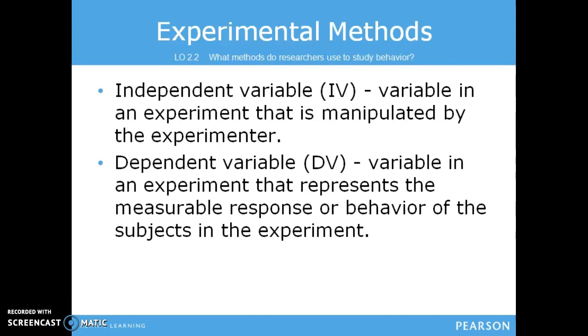With the independent variable, the experimenter, me, the psychologist, I'm giving them a cheeseburger or a salad or a vegan burger. With the dependent variable, the subjects, the people in the experiment, are telling me how happy they are. It's called the dependent variable because how happy they are depends on the independent variable. The independent variable doesn't depend on the dependent variable. That's why they have their names.